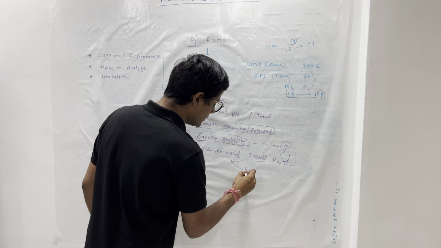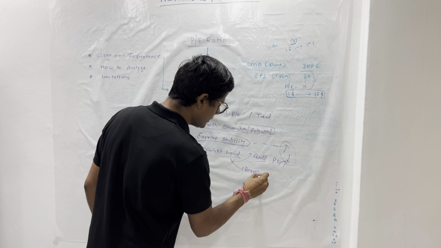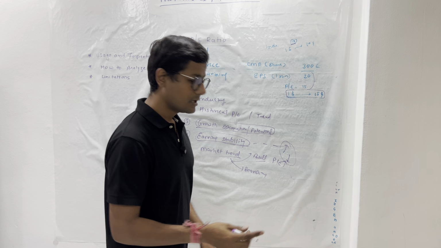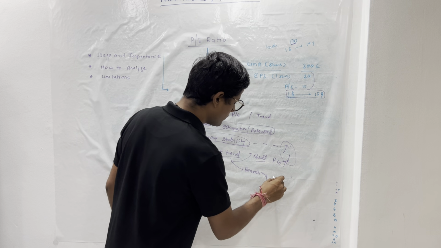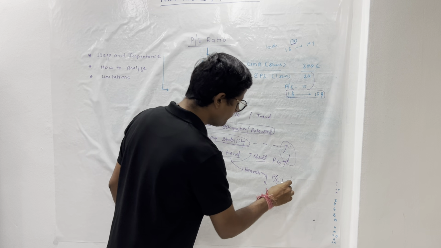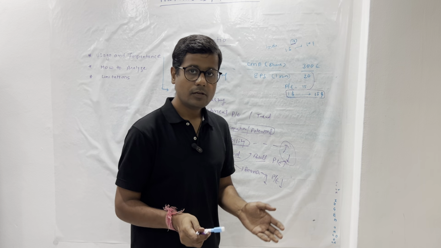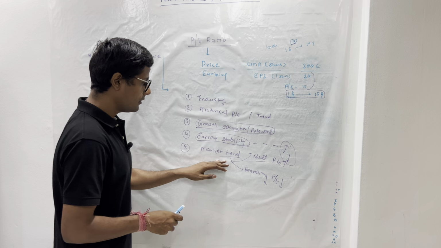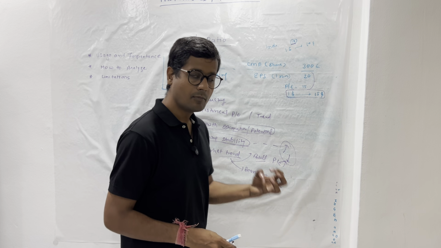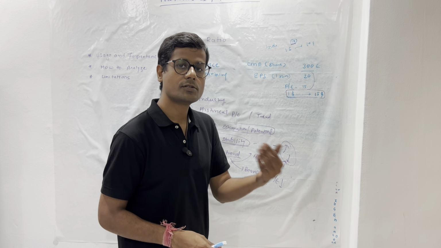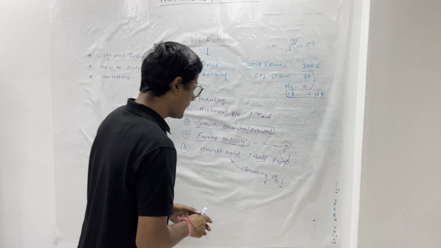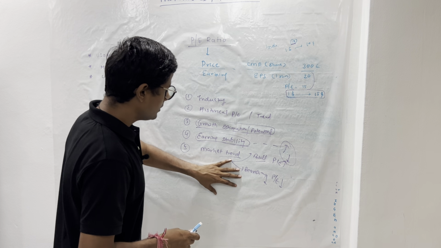Or if the market is bearish, the stock price of most shares will go down, so the PE will go down too. So while analyzing a PE, you need to consider whether the market is bullish or bearish, because the market trend impacts the company's stock price, and that price impacts the PE ratio.